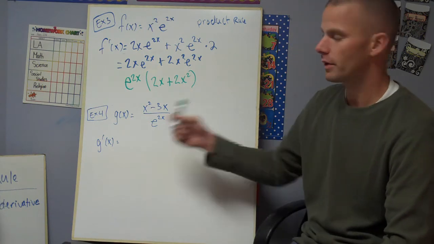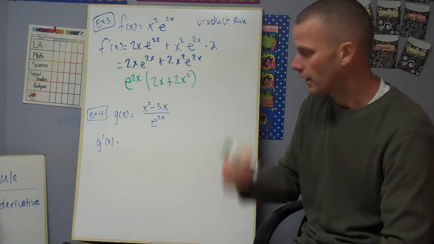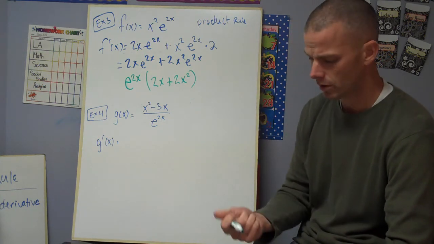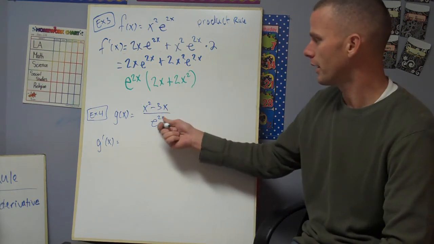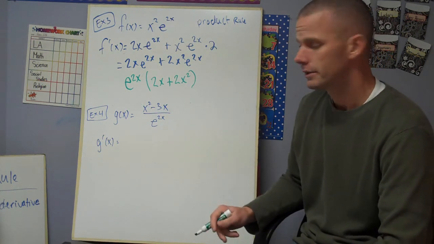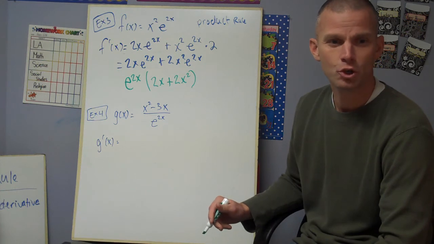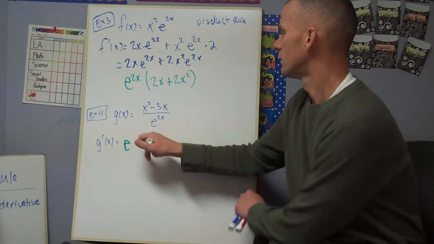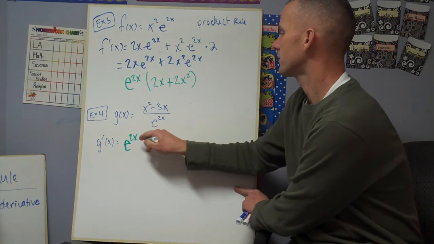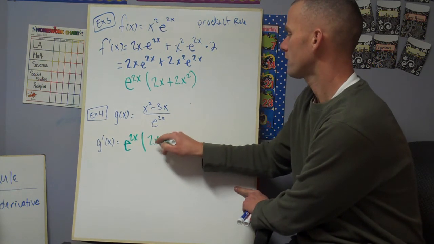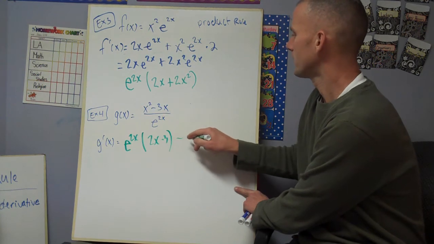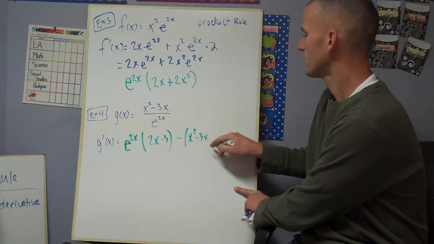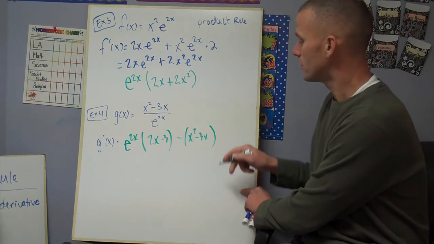So then finally I thought I'd show you a little example here real quick on exponential functions involved in the quotient rule. So x squared minus 3x divided by e to the 2x power. So low D high: e to the 2x times 2x minus 3, minus x squared minus 3x times the derivative of e to the 2x.